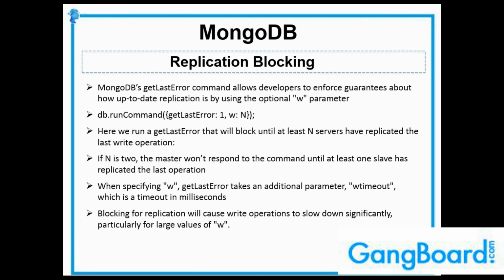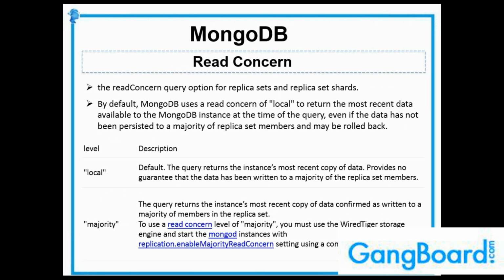Read concern is again similar to write concern, you can set read concern as either local or majority. Local means from any node you are connecting to, you can read the data. If you are connecting to one secondary and reading, it will give you whatever data is there in the secondary.